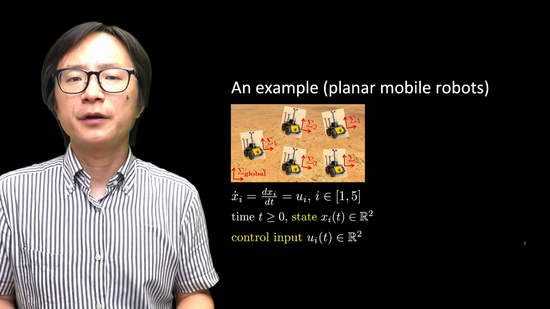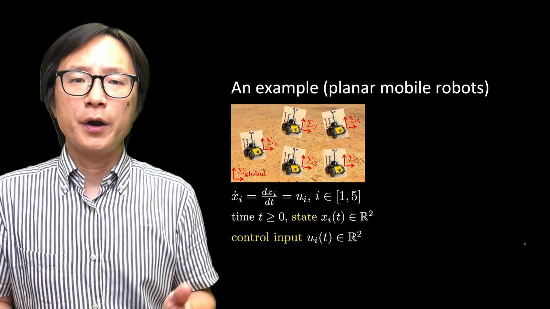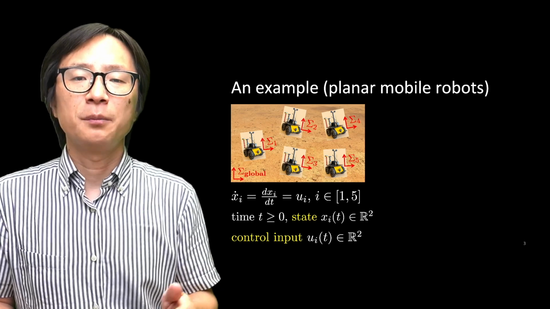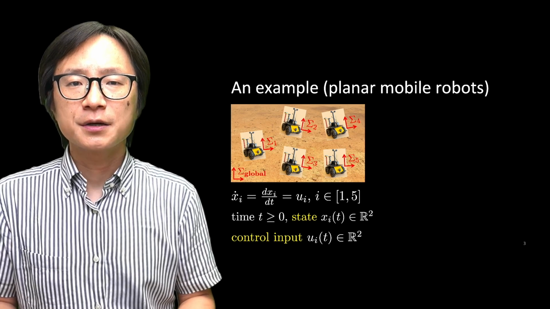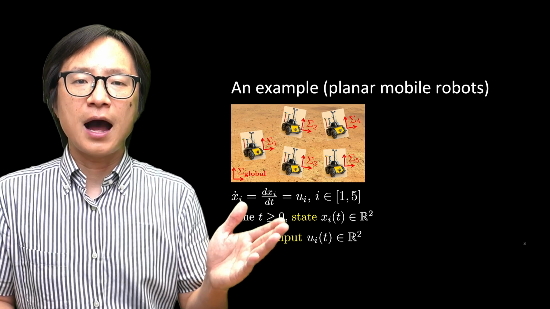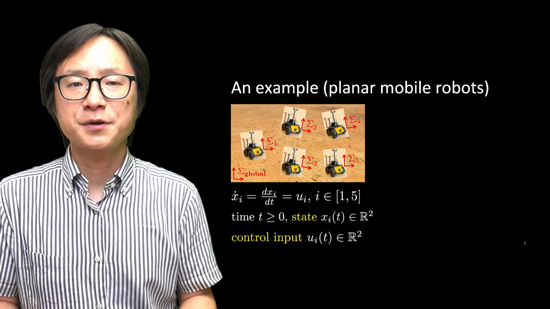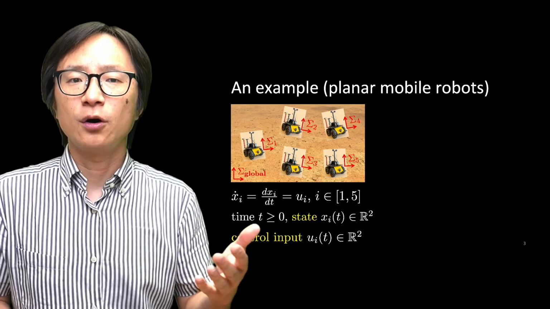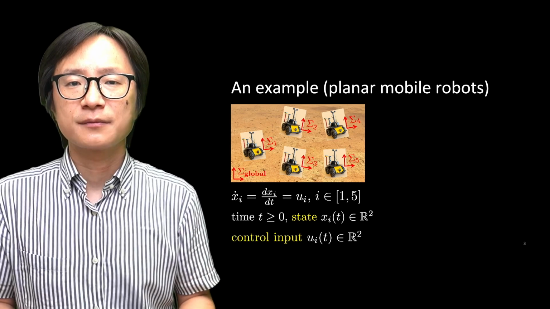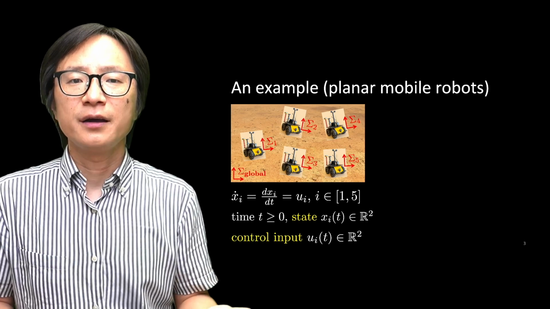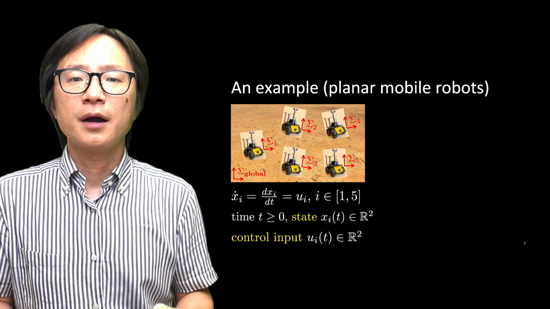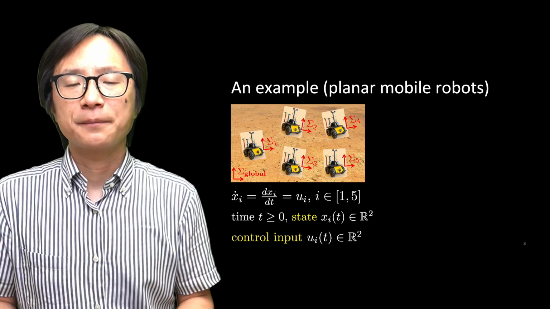Let's consider the simplest dynamics, where each rover is modeled as a single integrator. The state xi of t represents the 2-dimensional position of agent or rover i at time t, whose velocity is directly controlled by the input ui.